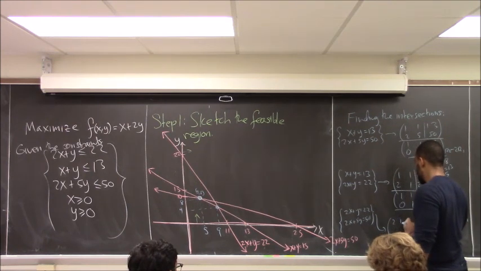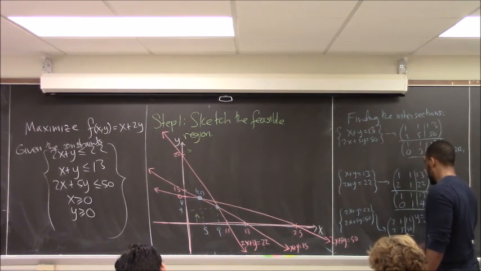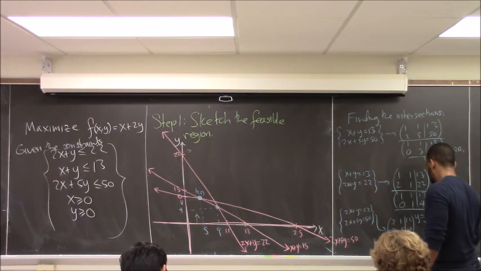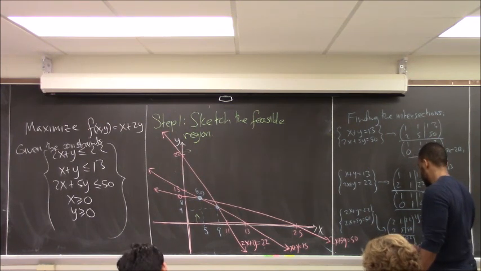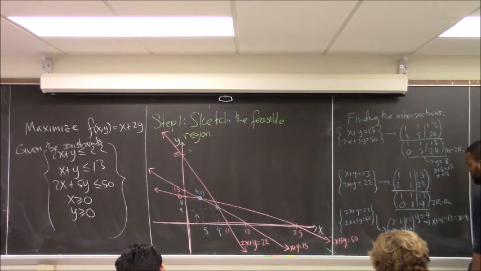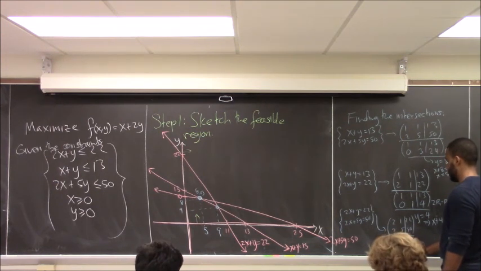This leads us to 2, 1, 22, 2, 5, 50. I can take row 1 minus row 2. This minus that is 0, this minus that is 4. 50 minus 22. 20 what?